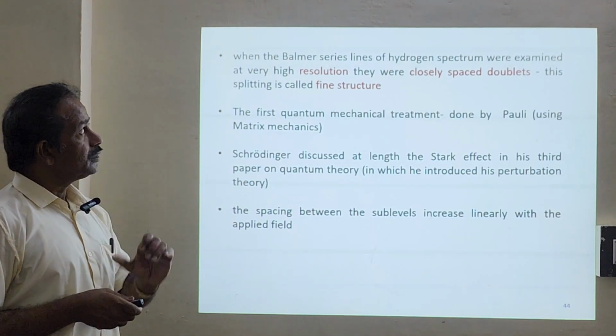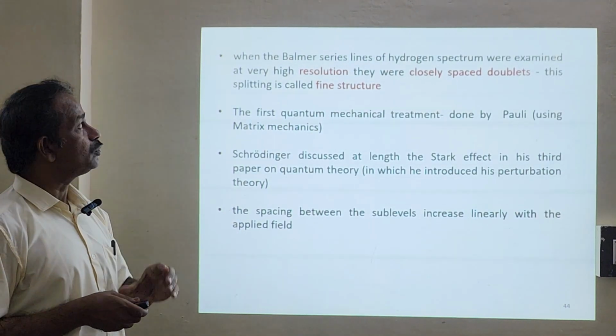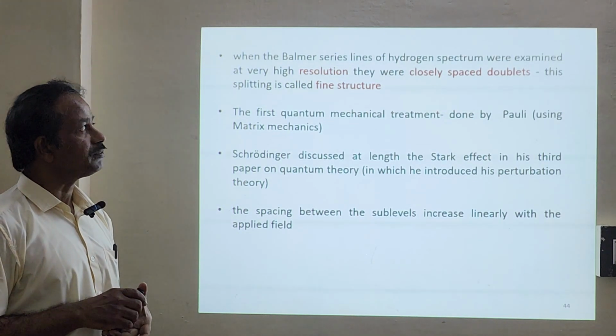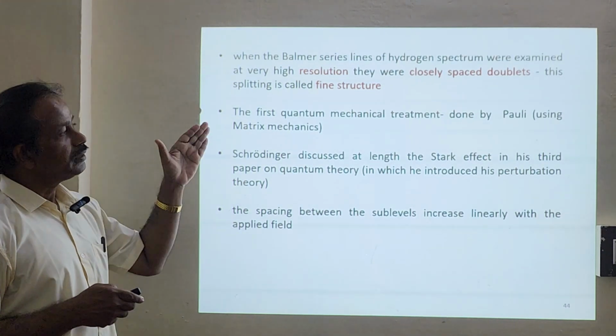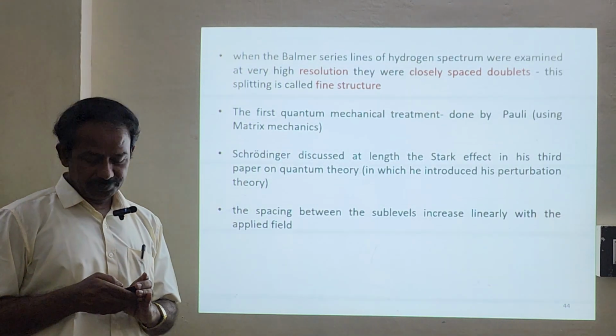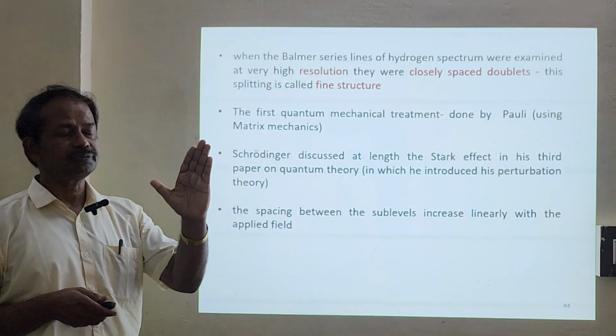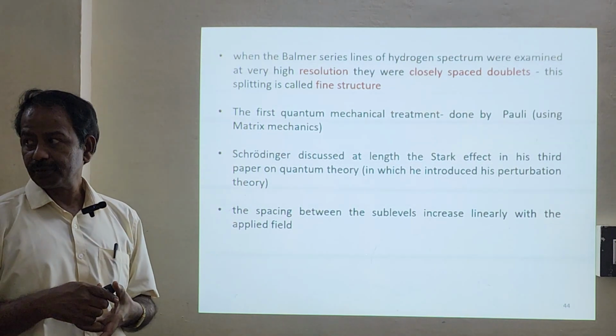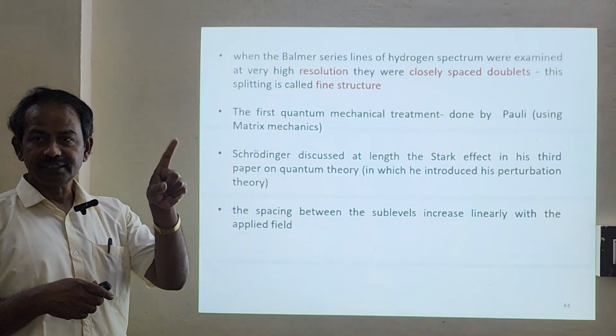He observed this Stark effect using the Balmer series lines of the hydrogen atom and a high resolution spectrometer. Suppose you look at any spectral line with a low resolution spectrometer, we see only a single line.